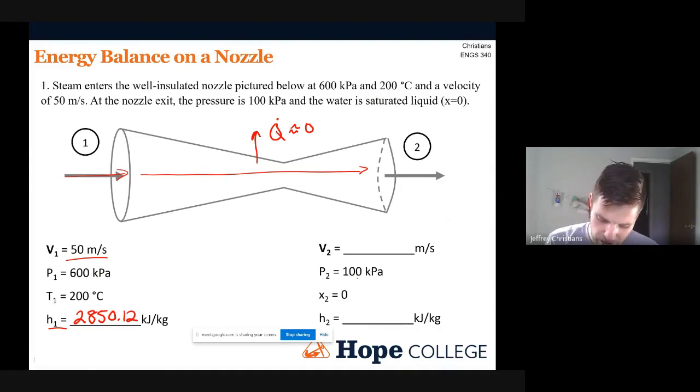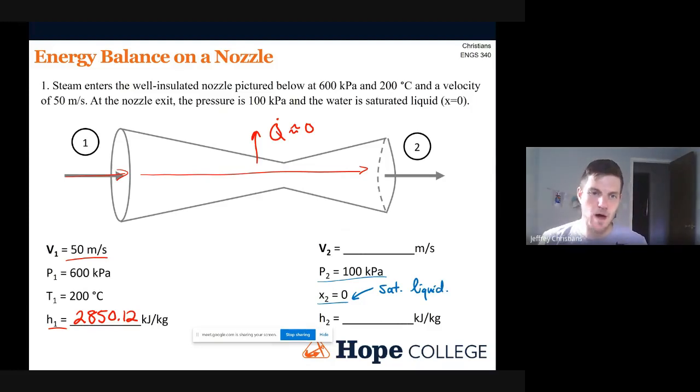If we go back, we can actually find the final enthalpy because we have both pressure and quality. So a quality of 0, right? This means that it's a saturated liquid. So it's liquid water, but it's exactly at the boiling point. In this case, 100 kilopascal is about atmospheric pressure.